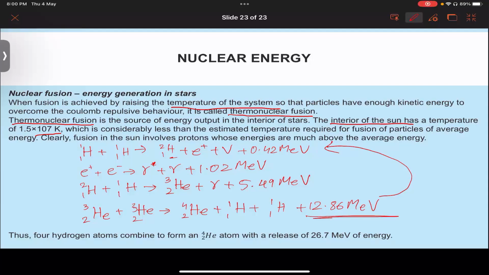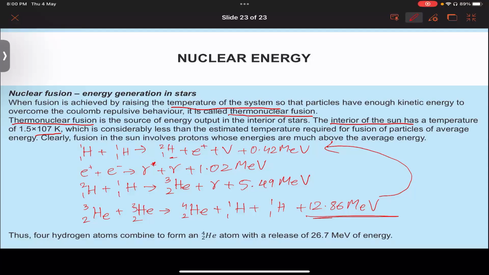So for the fourth reaction to occur, the first three reactions will have to occur twice, in which case the lighter helium nuclei will start uniting to form the ordinary helium nucleus.